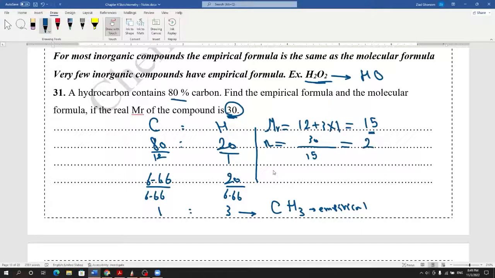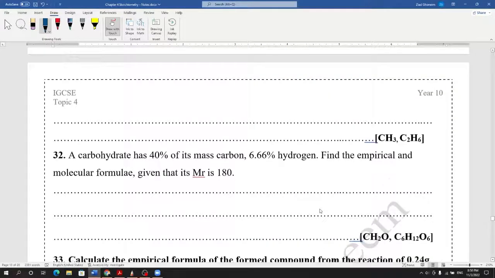Now, to get the molecular formula, multiply this number of moles by the empirical formula. So, molecular formula will be equal to C2H6. 1 multiplied by 2 equals 2, 3 multiplied by 2 equals 6. So this is the molecular formula. Another example.